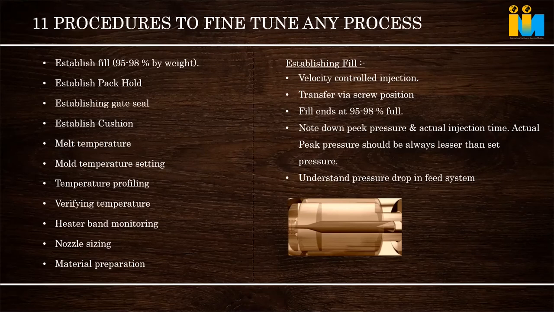Normally the toolmaker will not correct the gate because it is a tough thing. They don't really know what the pressure drop is. Suppose the total pressure drop up to the gate is 40 MPa, and I have filled up to the runner and only 10 MPa is going, it means 30 MPa is consumed by the gate only.